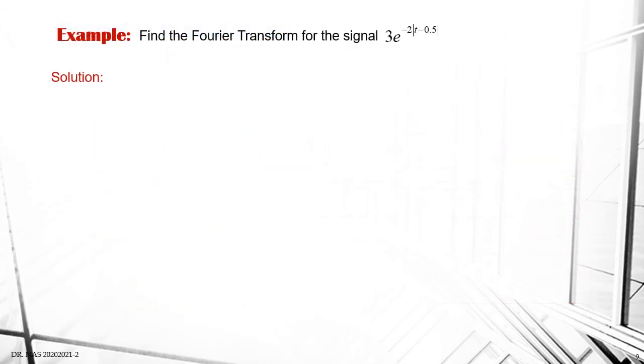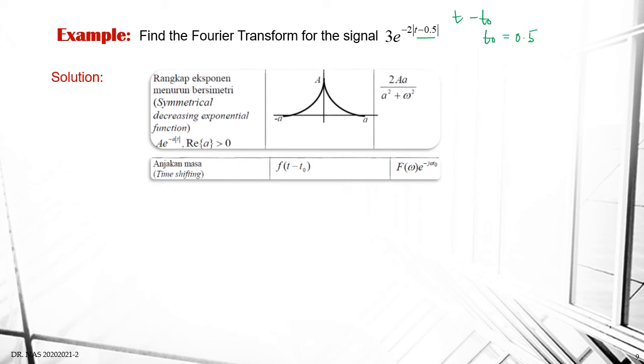Another example in time shifting. You'll notice you have time shifting here, t − t₀, where t₀ in this case equals 0.5. The first step, always refer to the table. You have this equation, A e^(−a|t|), which will produce this equation. Compare this with the given signal.